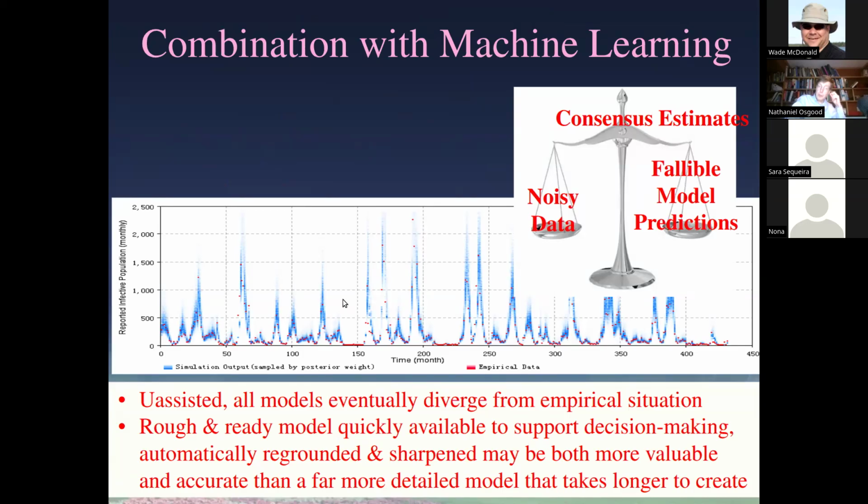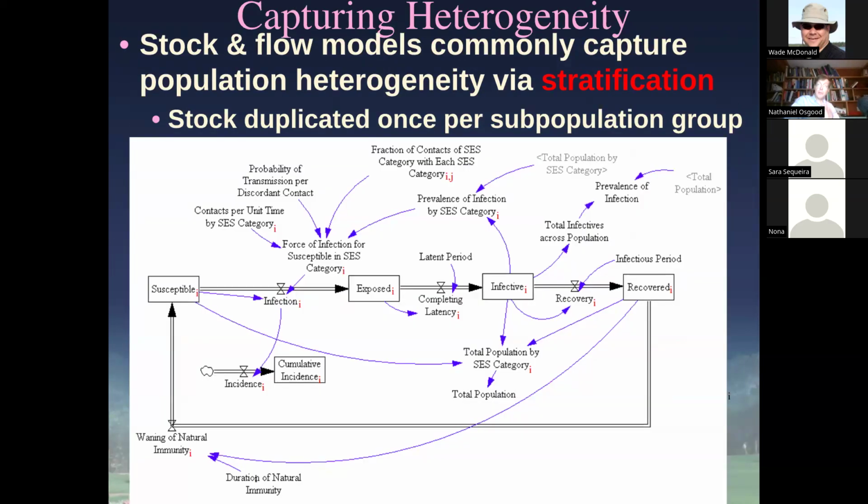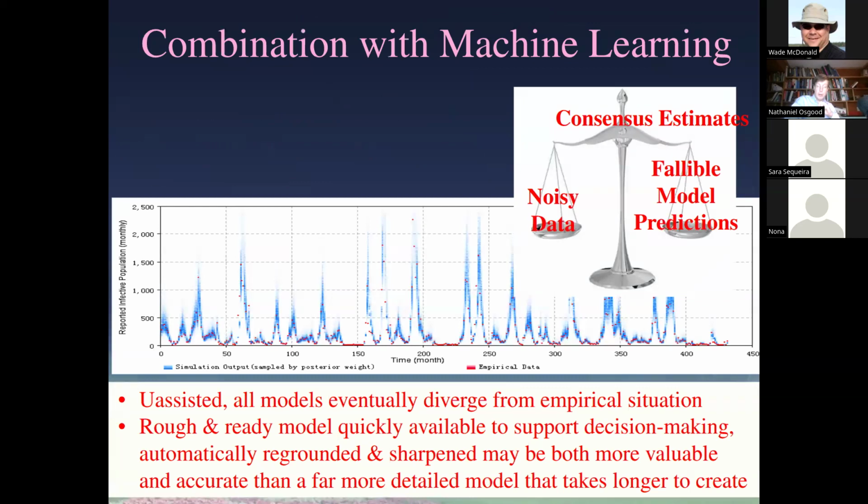These models, as we saw yesterday with particle filtering and particle MCMC, can be very readily combined with machine learning, with those techniques, with Kalman filtering, etc. And we have many publications on this using stock and flow models from system dynamics together with variously Kalman filtering, particle filtering, and particle MCMC, with the latter two being where we spent most of our time.